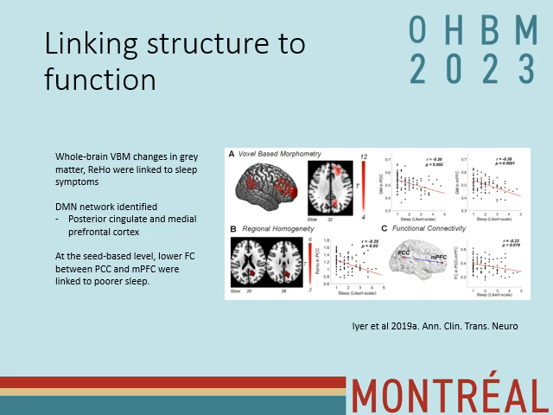And at this point, we actually looked at the seed level functional connectivity between the DMN nodes. And what we found was basically that across these three measures, there was a very strong convergence of poor sleep and reduced connectivity of the default mode.